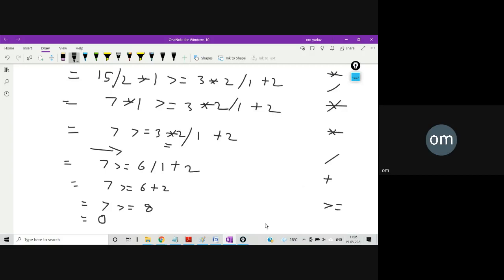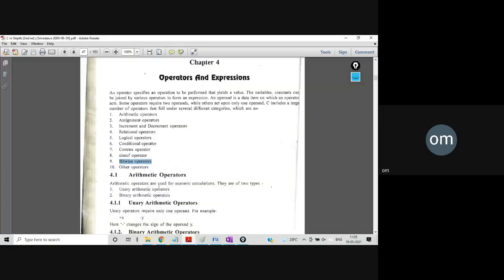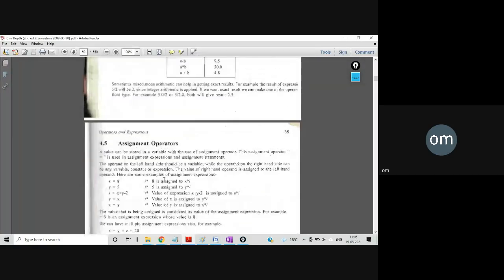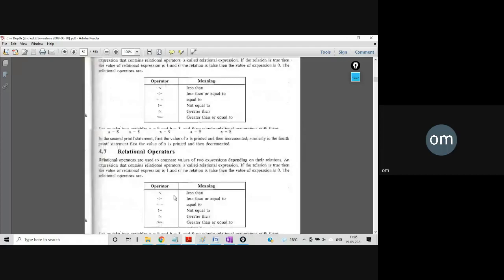Now let's see all the operators together. I hope there will be one chart in this.